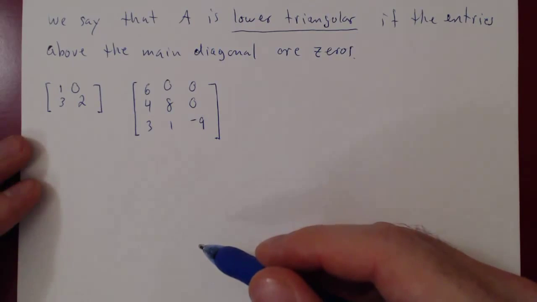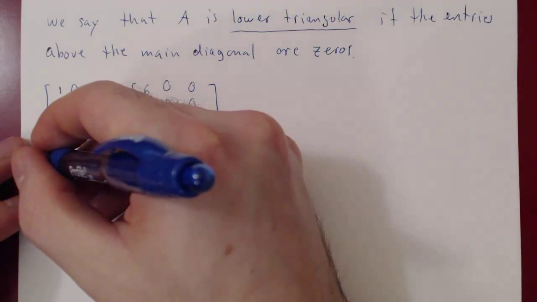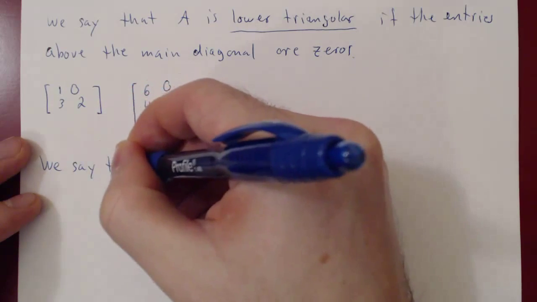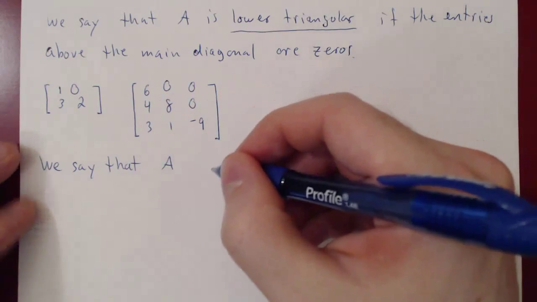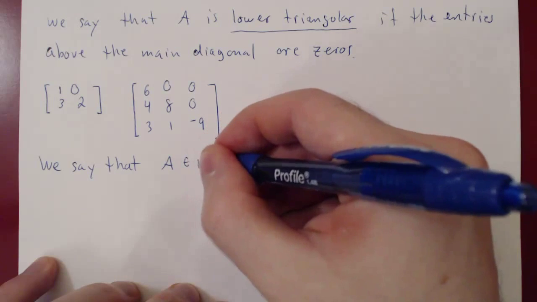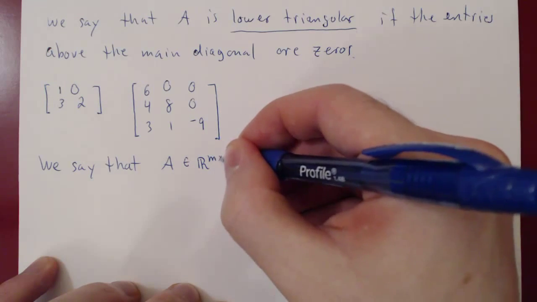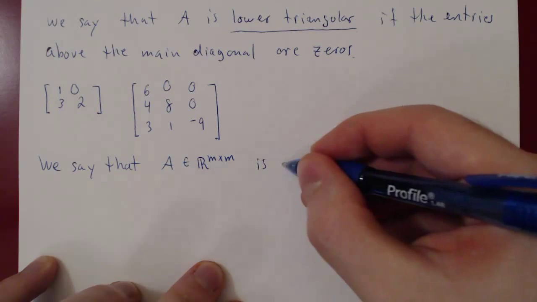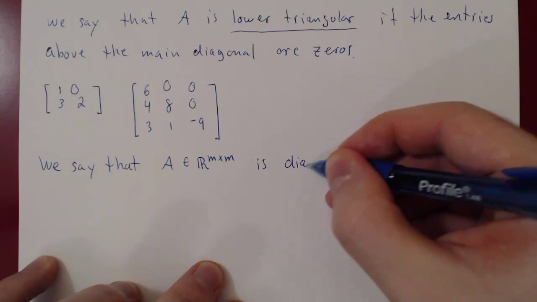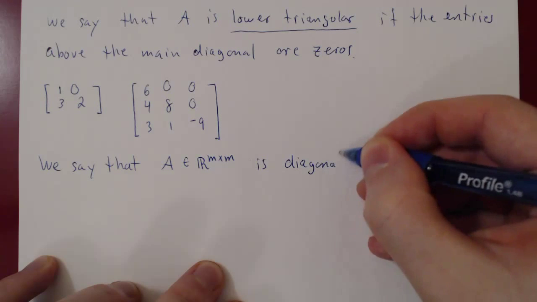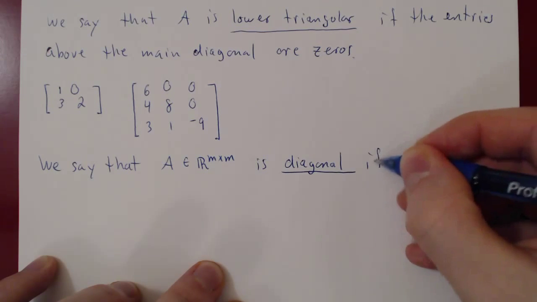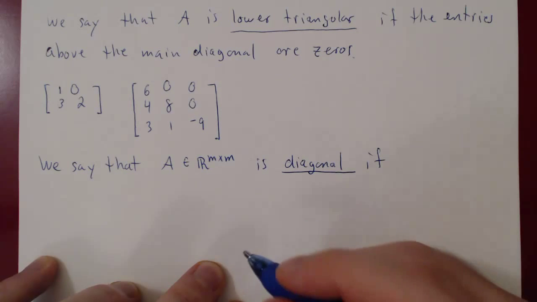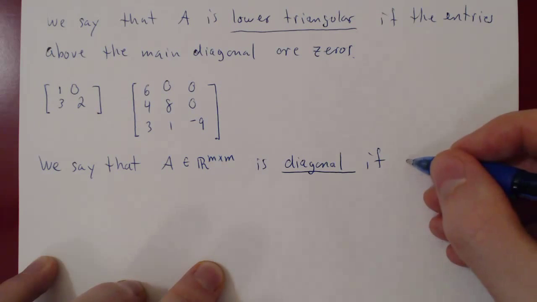So again, A was a square matrix, which was by assumption an M by M matrix, so we say that A is diagonal if the entries above and below the main diagonal are equal to 0.